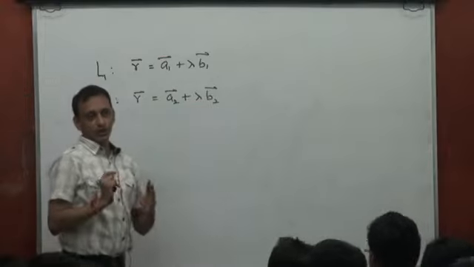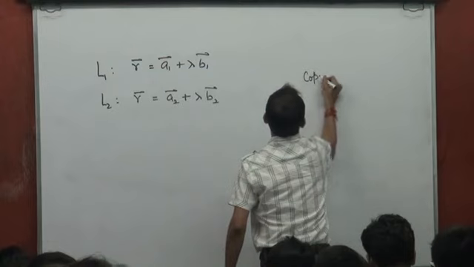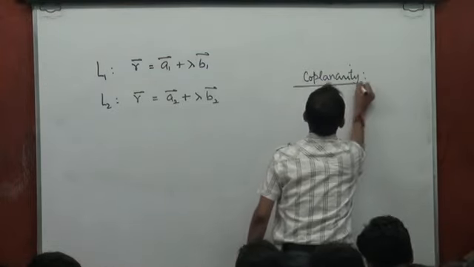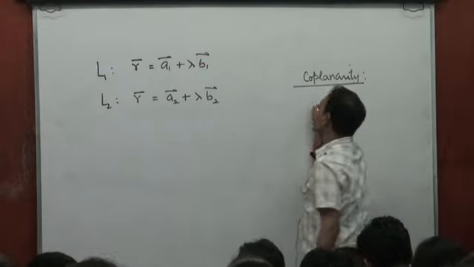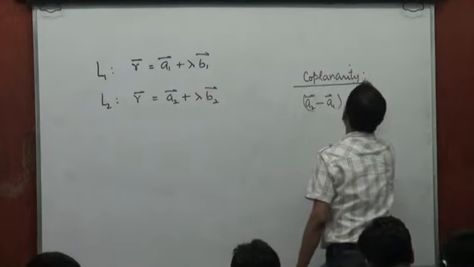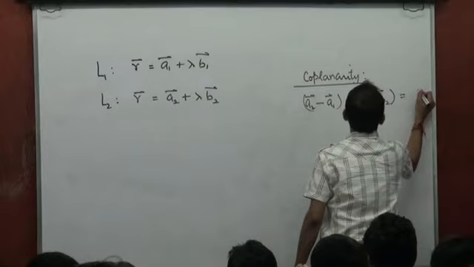I've already told you the condition that these two lines become coplanar. For their coplanarity, the condition to be complied with is (a2 minus a1) dot (b1 cross b2) must be 0.